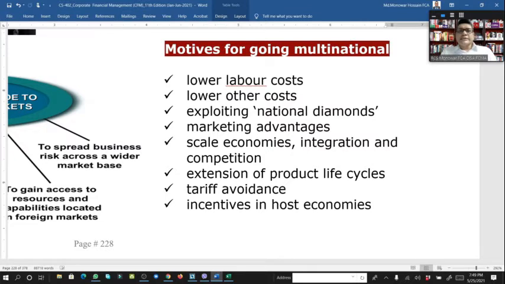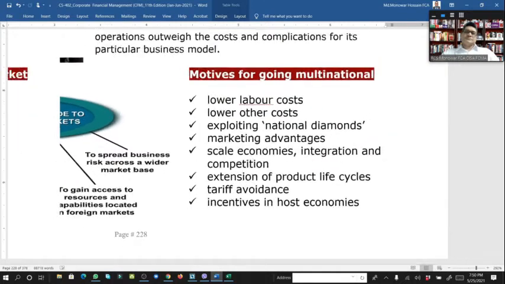Other reasons: lower other costs, exploiting national dimensions, marketing advantage, economies of scale, integration and competition, expansion of product life cycle, tariff avoidance, and incentives of host economies. That type of activity motivates companies to go multinational.